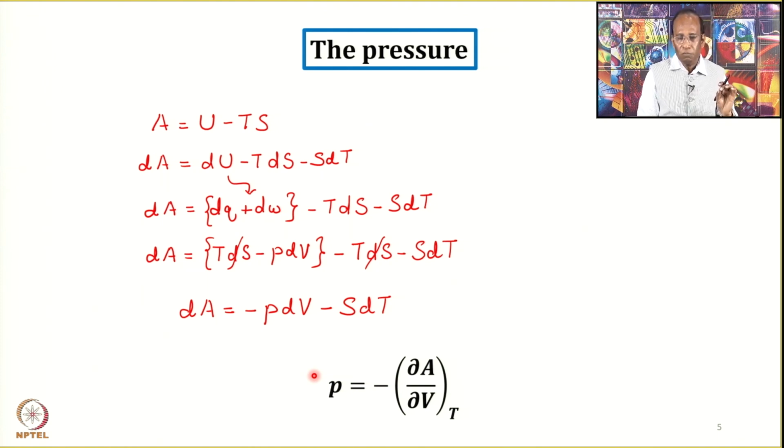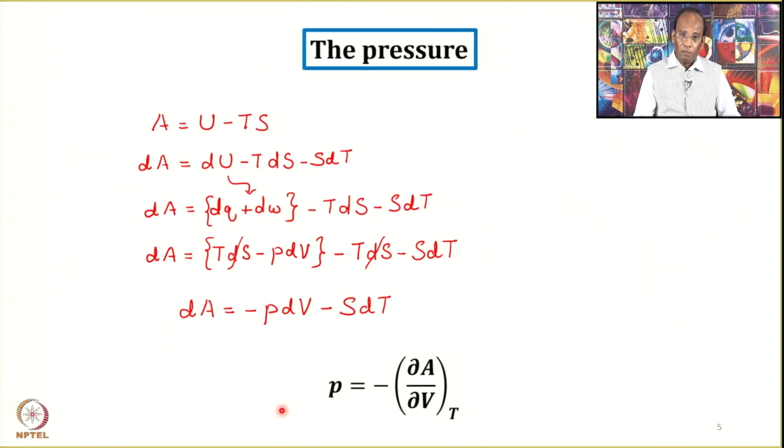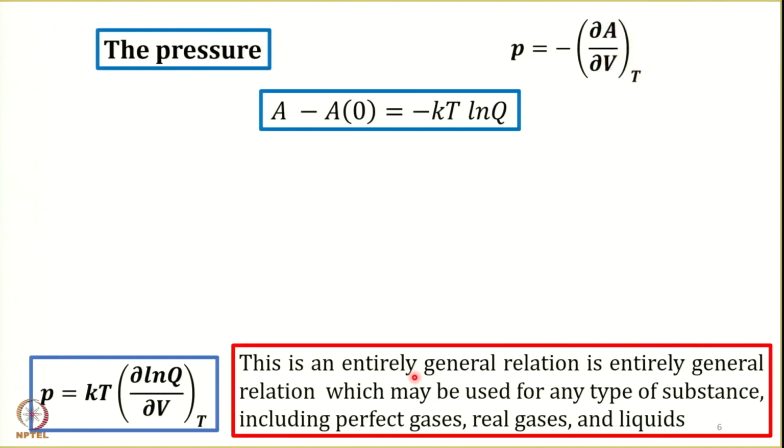No assumptions involved over here. And we have already connected Helmholtz function with canonical partition function. If you just look back at the previous slide, A minus A0 is equal to minus kT log Q. Once we have this information, now we can put in the pressure expression and get the desired result.